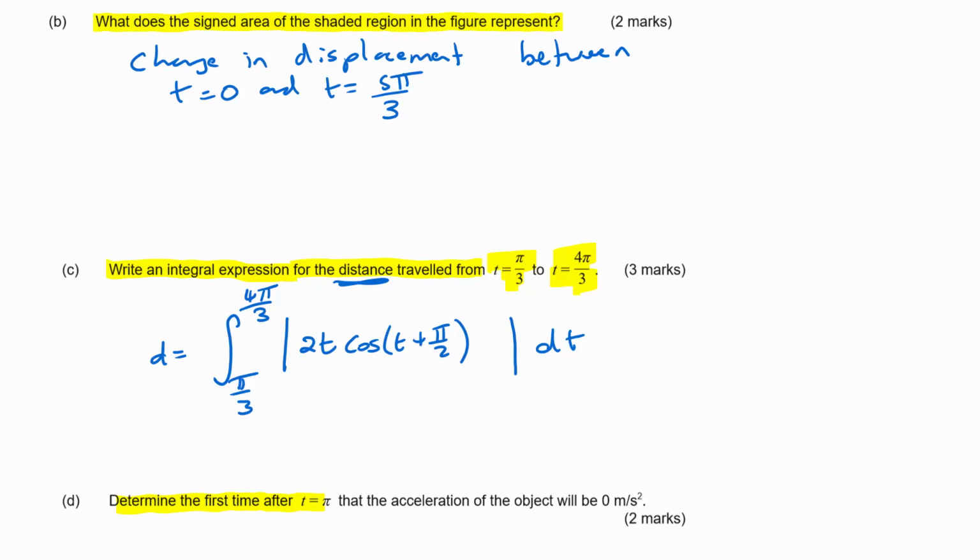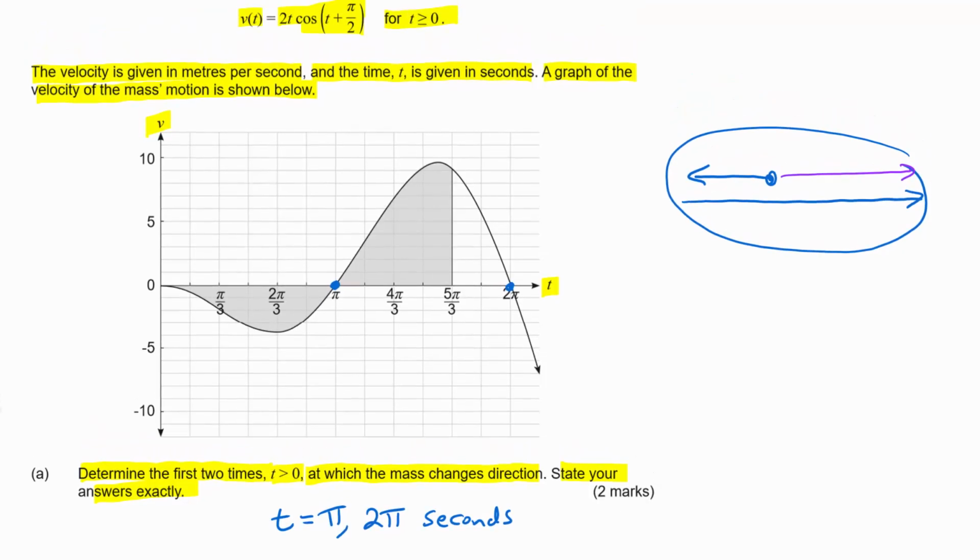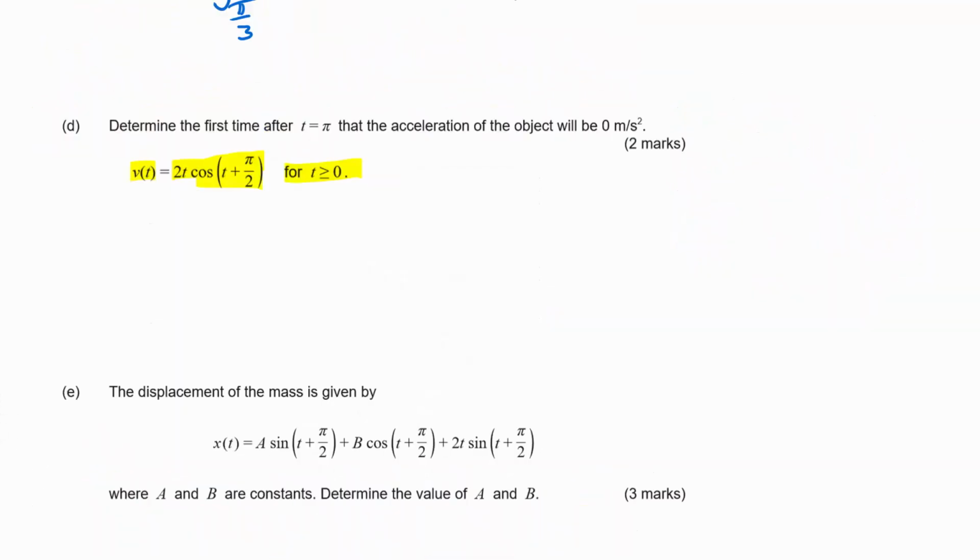Determine the first time after t equals pi that the acceleration of the object will be 0. So we need to differentiate velocity. Now you can differentiate it on the CAS, but it's a product. So the acceleration is going to be v times du/dt, so that's going to be 2 cos(t + pi/2), and then u times dv/dt.